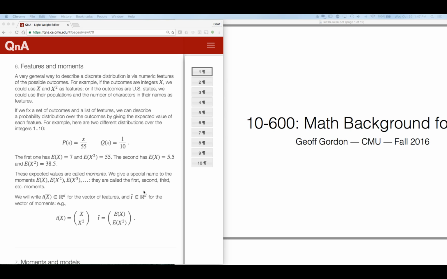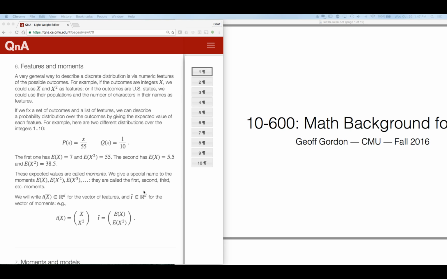If our outcomes are strings, you could have something like the length of the string, or how many vowels are in the string, or what's the largest number of consecutive consonants in the string. For every discrete data type, you can probably think of a whole bunch of features that you could evaluate, where a feature is just some function where you put in an element of your data type and it comes out with a number, right?